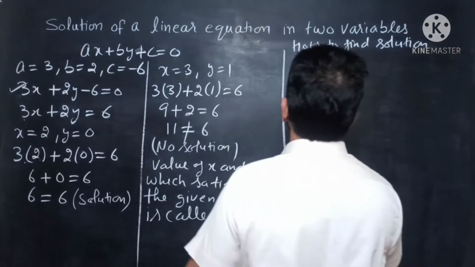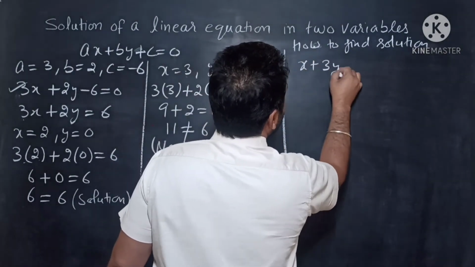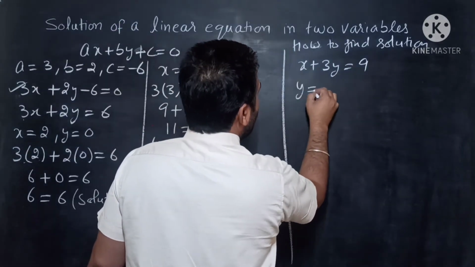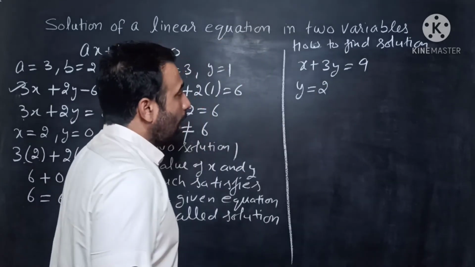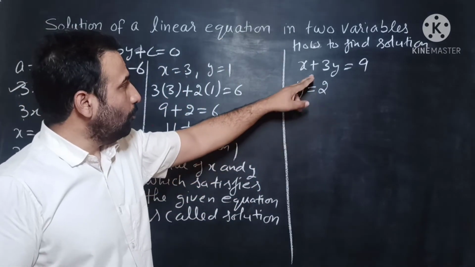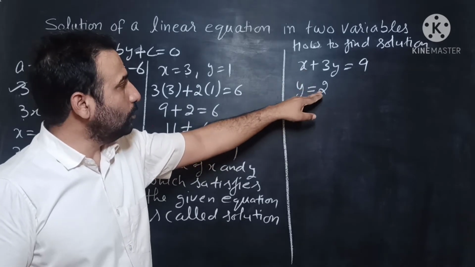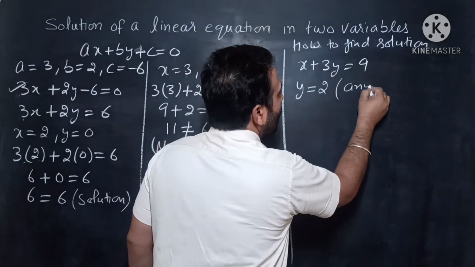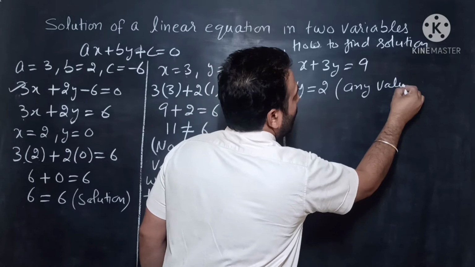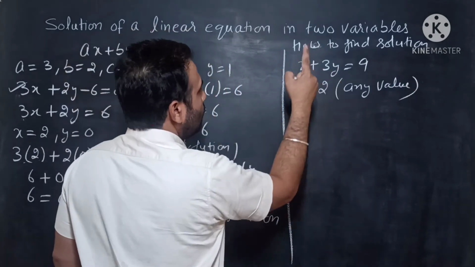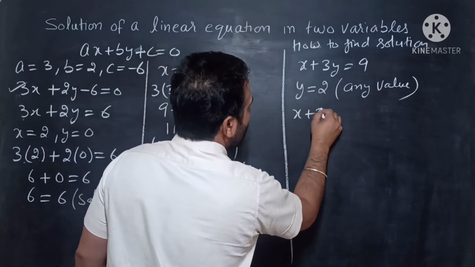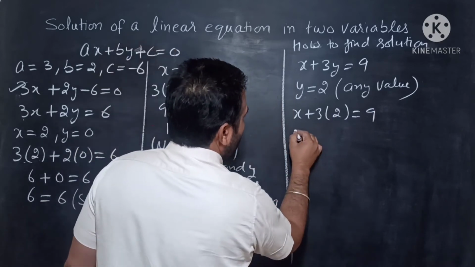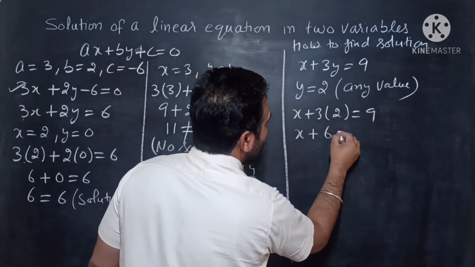Suppose I have a linear equation x plus 3y equal to 9. Any value you can put here: x equal to 1, 2, 3, or y equal to 1, 2, 3, any value according to ourselves. Now if I put y equal to 2, then x plus 3 times 2 equal to 9. x plus 6 equal to 9.